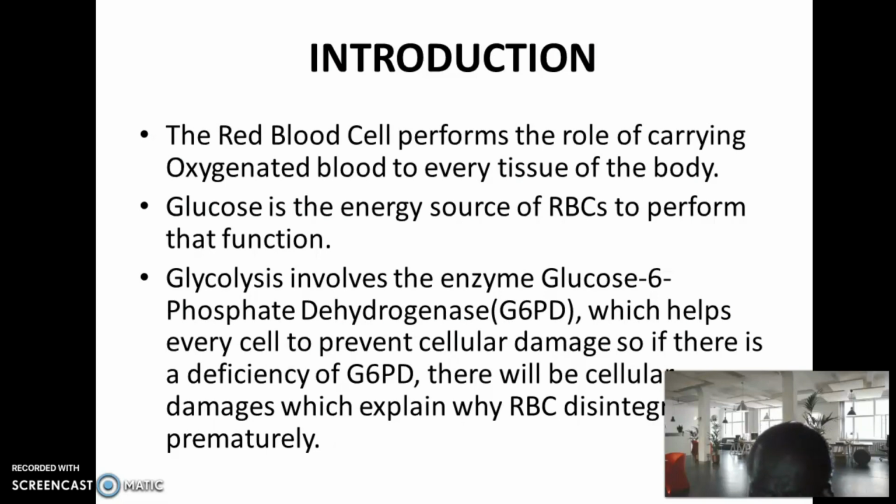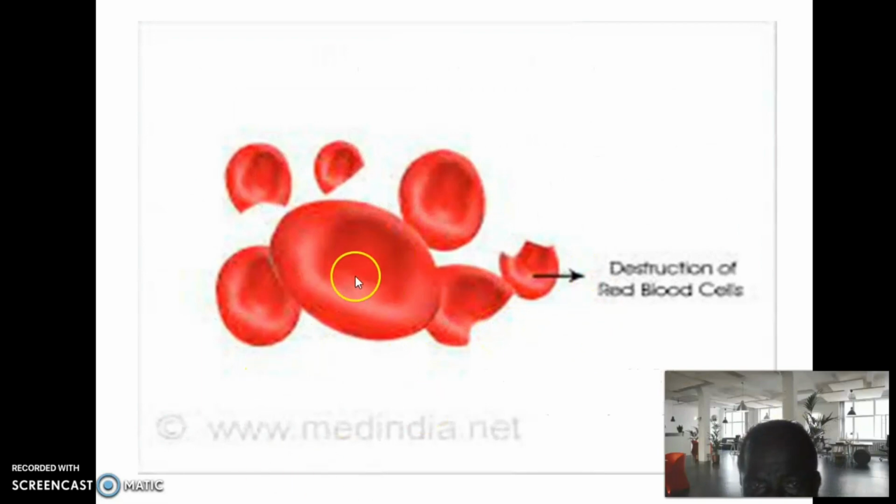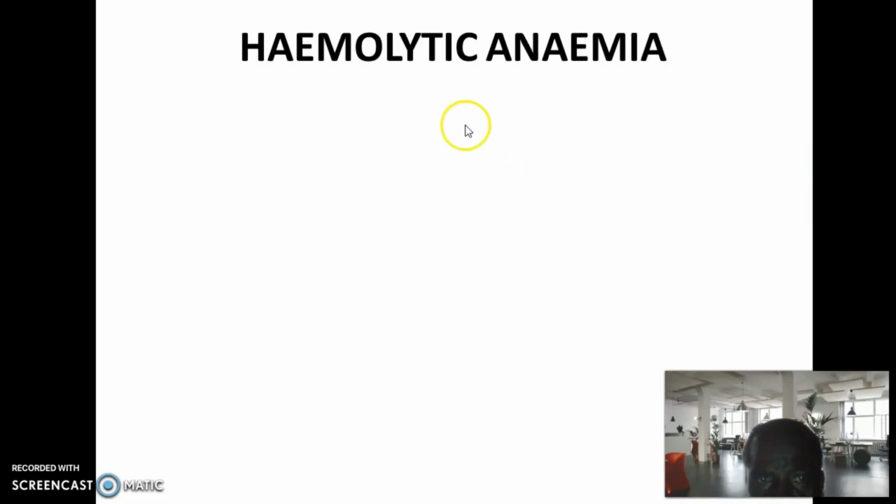So if there is a deficiency of G6PD, there will be cellular damage, which explains why red blood cells disintegrate prematurely. But where it is there, you can see the integrity of the red blood cells fully intact. But when it is lacking, there is destruction of red blood cells, breaking to pieces prematurely.